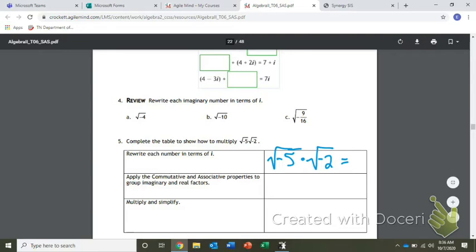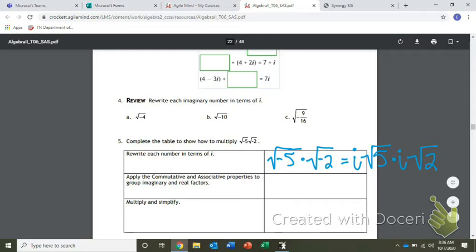You think it's 1, but it's not 1. Okay, so all we're doing is we can't take the square root. We're just saying i square root of 5 times i square root of 2. So all I did was replace the negative with the imaginary.